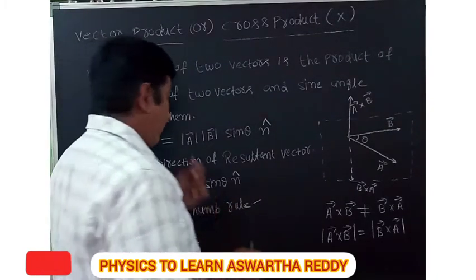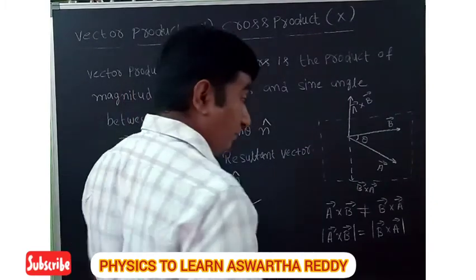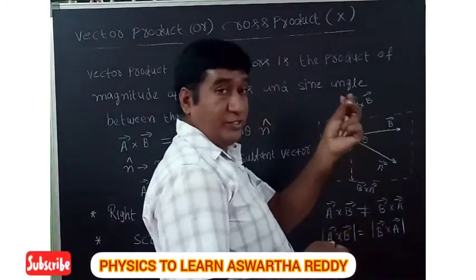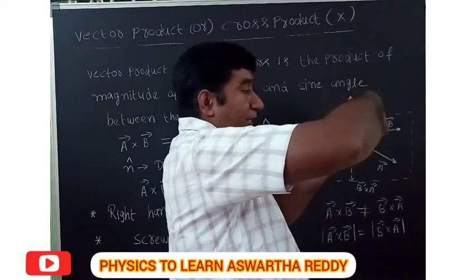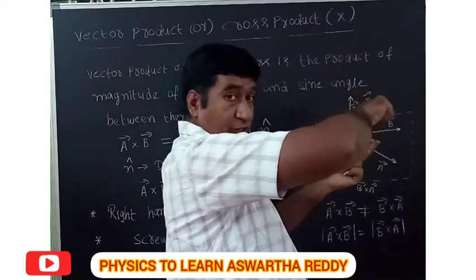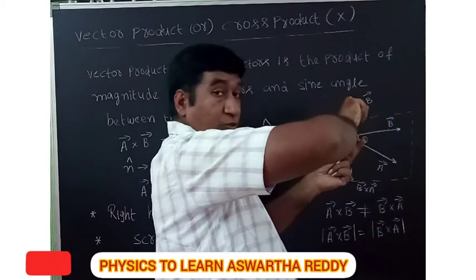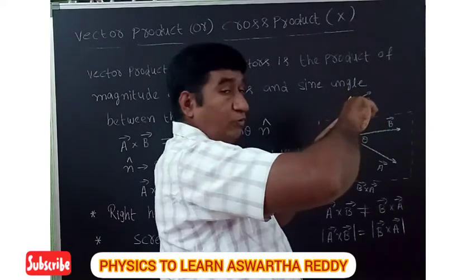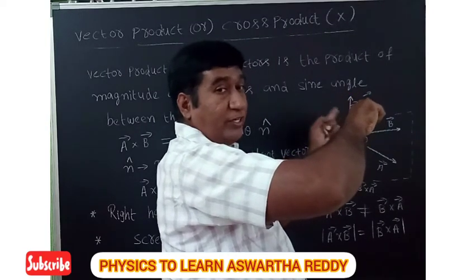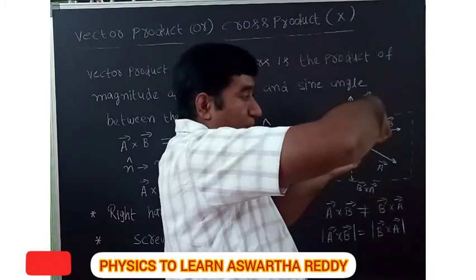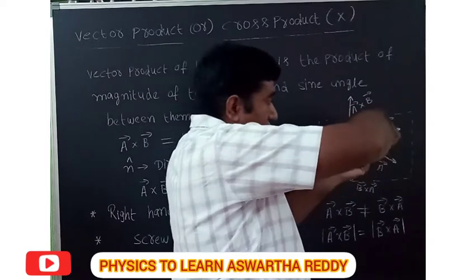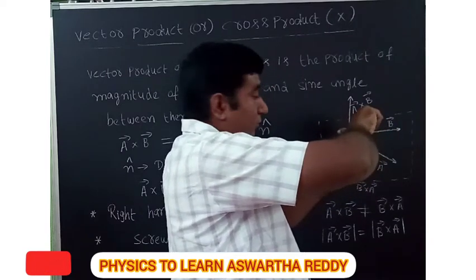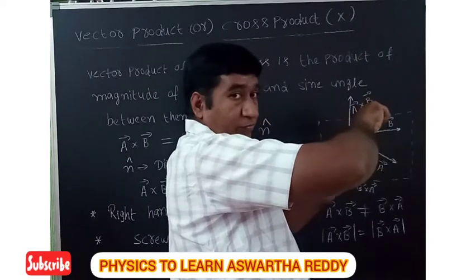So for example, if I am considering this as a screw, so this screw which I am making like this, in this direction, then the tip of the screw will represent the direction of the resultant vector. If I am moving in the anti-clockwise direction, then for A vector cross B vector the direction will be inwards.